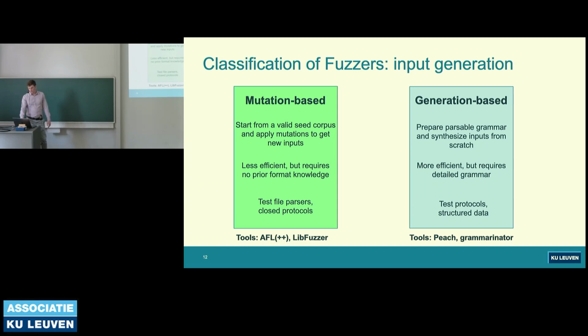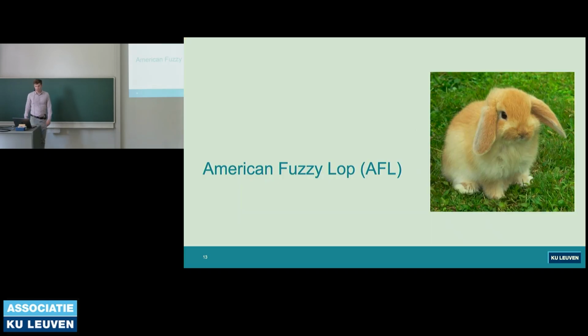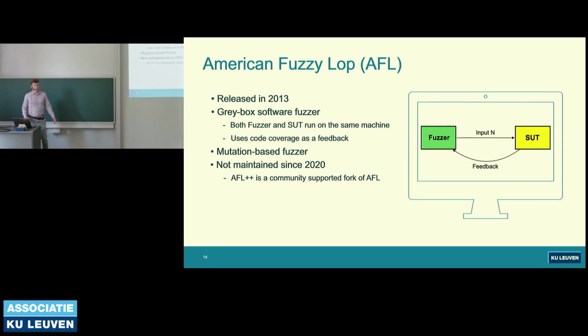Now I'll give you an example of the most well-known fuzzer, American Fuzzy Lop, which is named after this cute creature. This is the so-called holy grail of fuzzing. It was released in 2013. It's a gray box software fuzzer. By software fuzzer, I mean that both the fuzzer and the system under test run on the same machine.